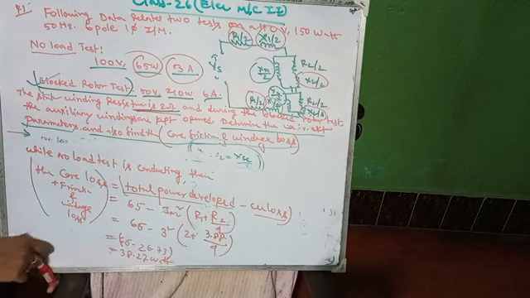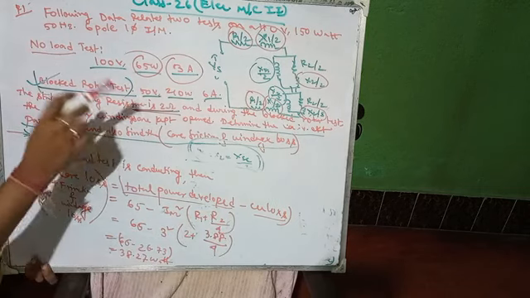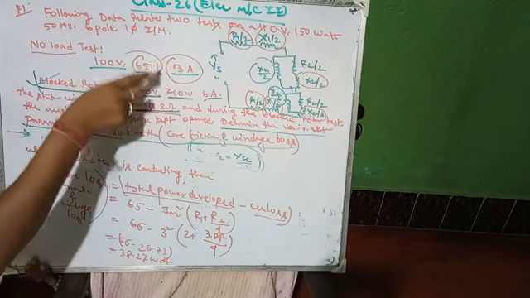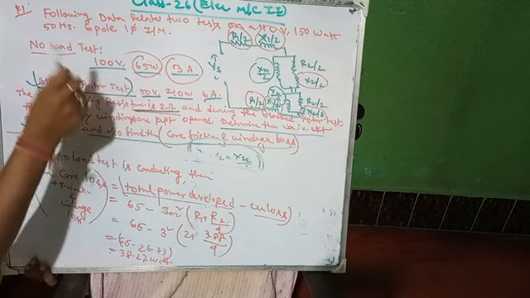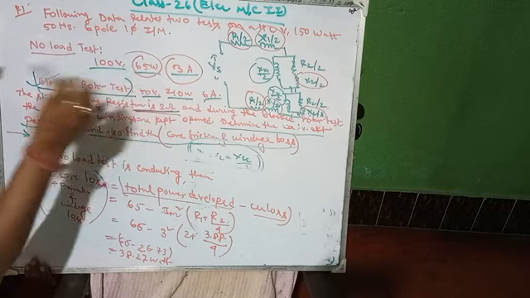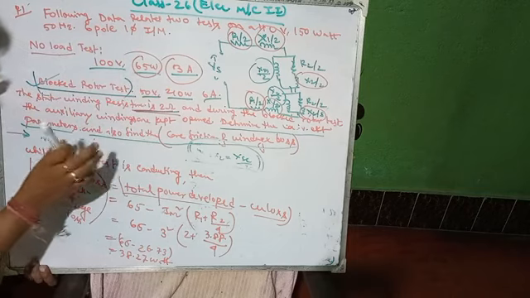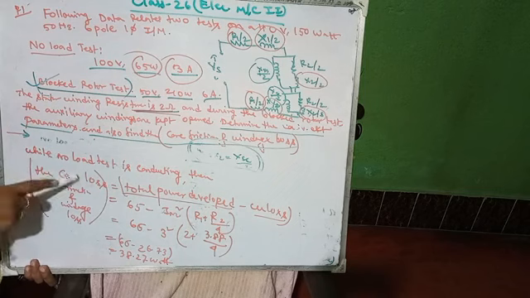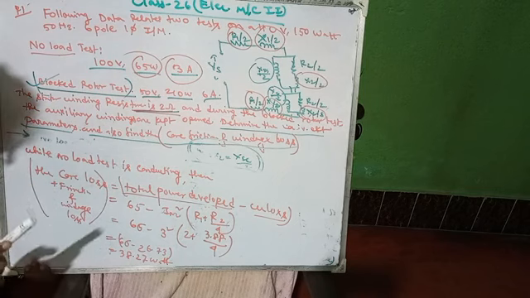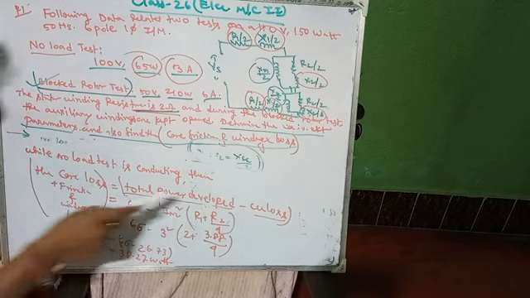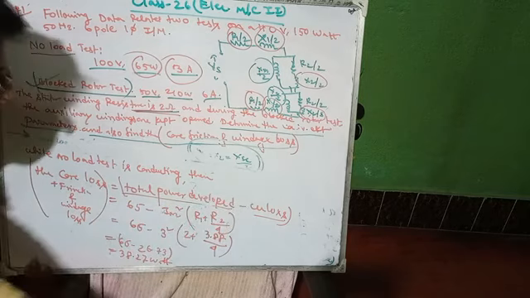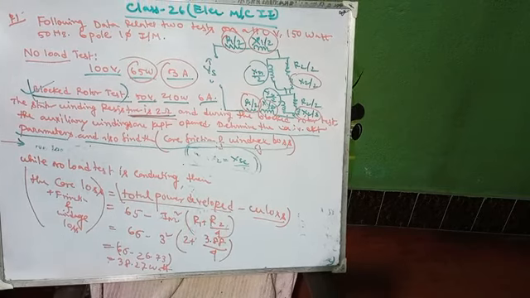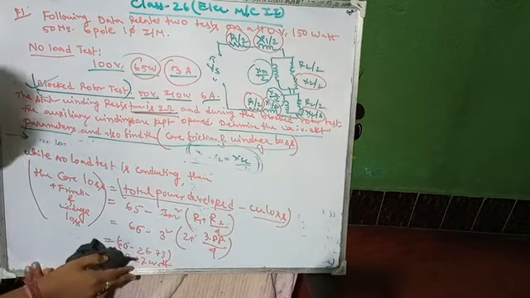The no load test is conducted to find the power, and this power is totally utilized by the loss components of the motor, that is core loss, friction and windage loss and copper loss. Okay, so this is all about your numerical regarding single phase induction motor.